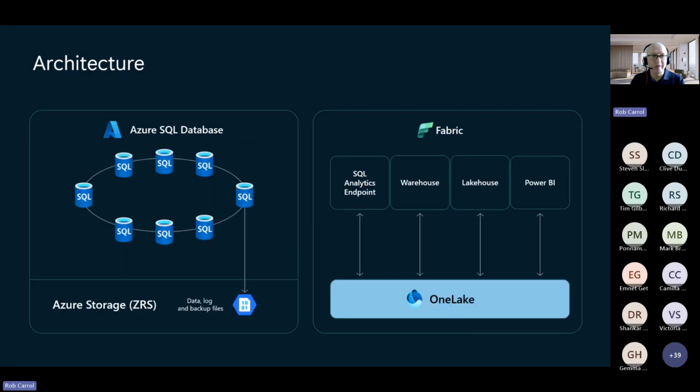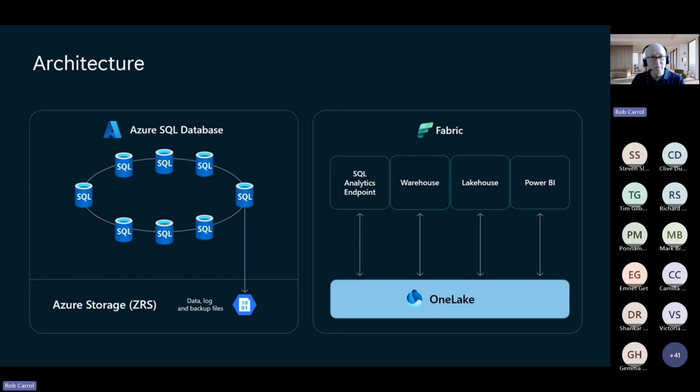So the architecture of Azure SQL Database and Fabric. This slide shows you that Azure SQL Database is using storage in Azure. Data and log files are stored as LDF and MDF files, and backup files are stored in that storage.